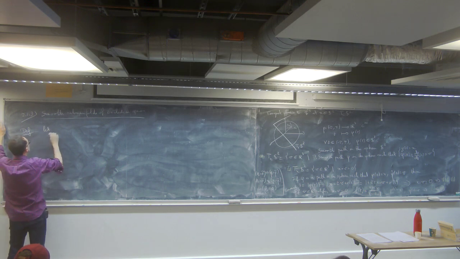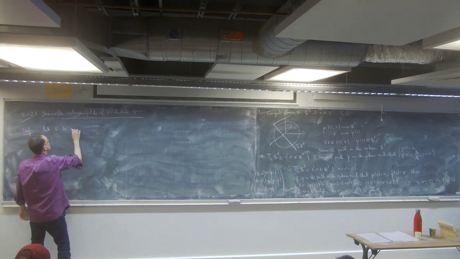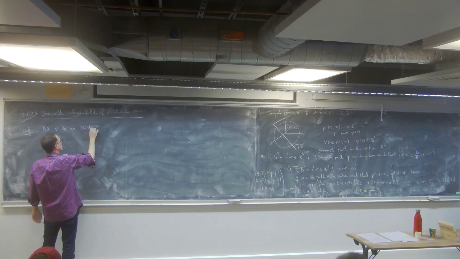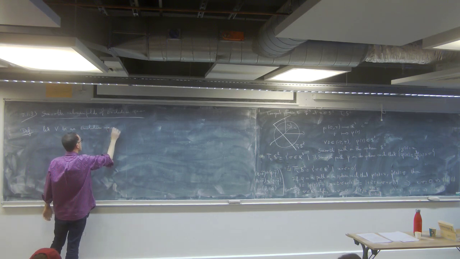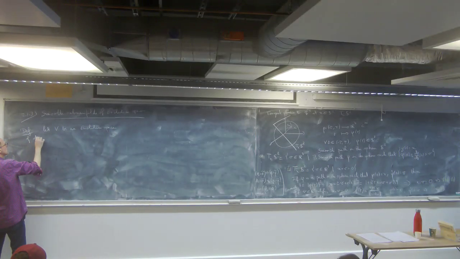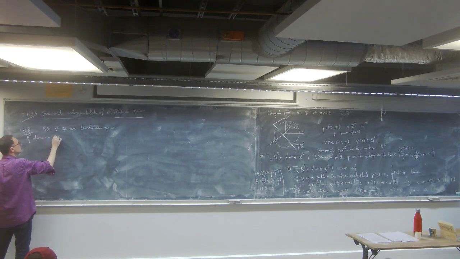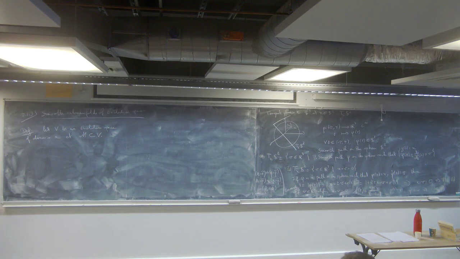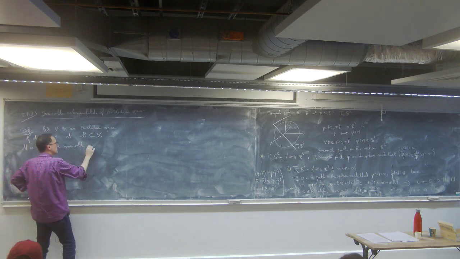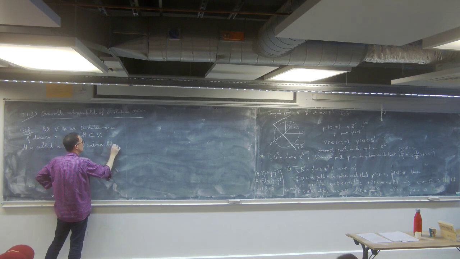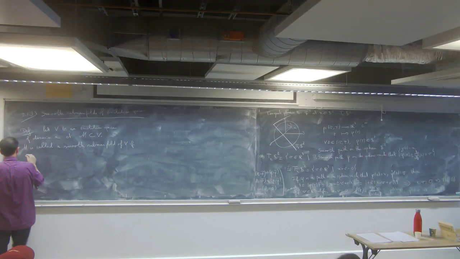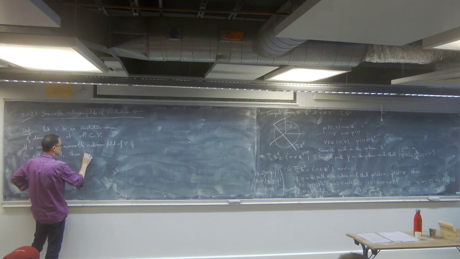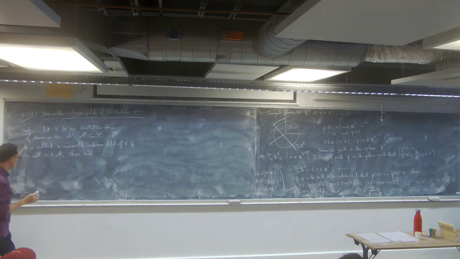Let V be a Euclidean space of dimension n, and M a subset of V. So M is called a smooth submanifold of V if for all x in M there exists... So it's really a copy paste of the first definition.